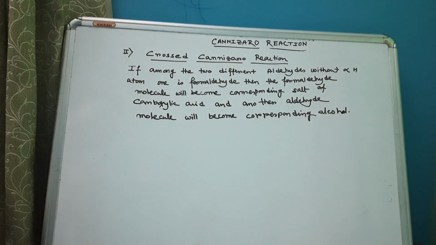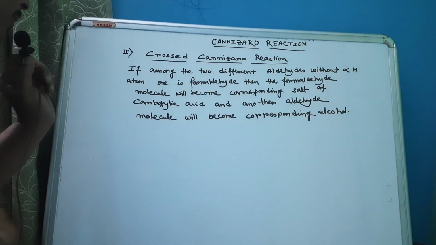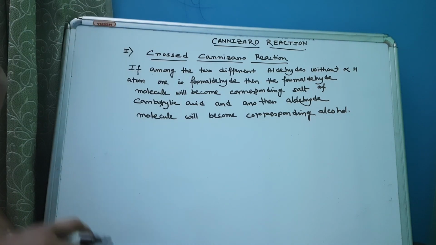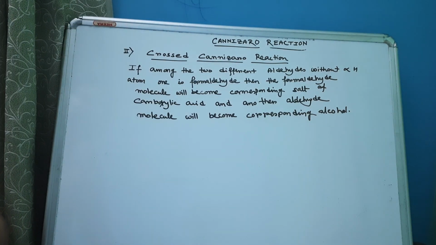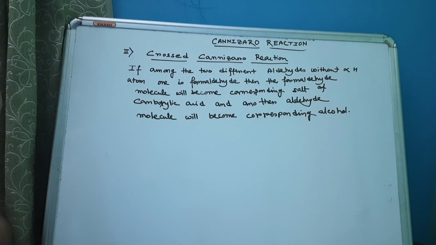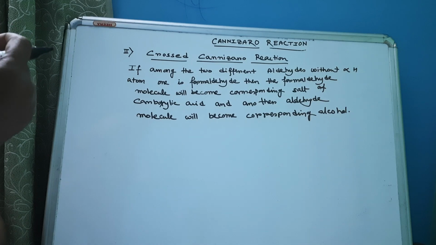And let's take an example here. No mixture of products will be formed. No, not all possible products will be formed. If among these two different aldehydes without any alpha hydrogen atom, one molecule is formaldehyde, then not all the possible products will be formed, but only formaldehyde will be oxidized to the salt of the corresponding carboxylic acid, and the other aldehyde molecule will become the corresponding alcohol only.